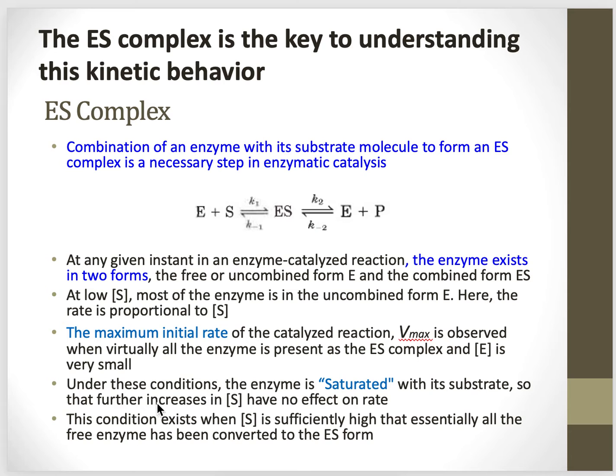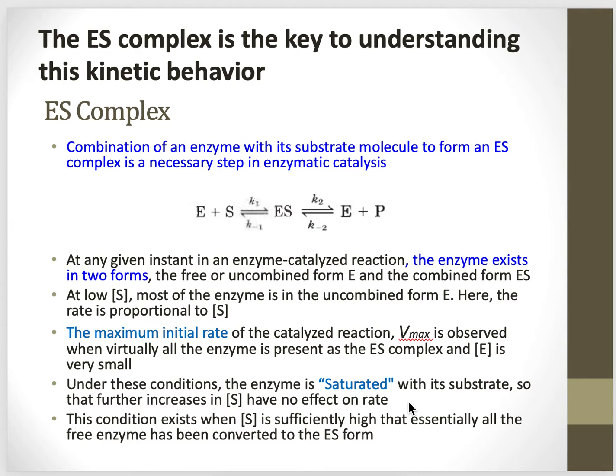Under these conditions, if all the enzymes are bound or combined with the substrate, the enzyme is saturated in this situation, right? So a further increase in substrate concentration has no effect on the rate.